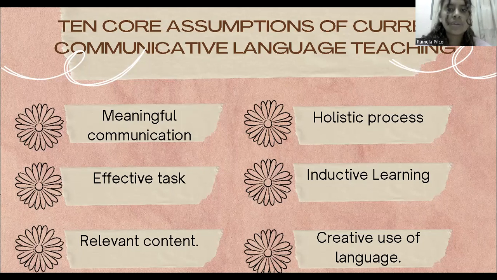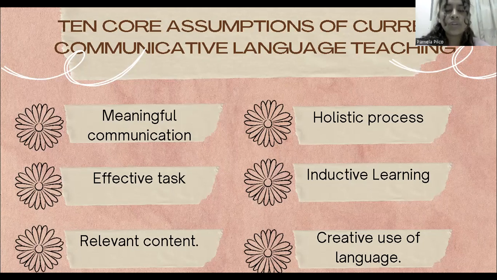The other one is creative use of language. It means that we as teachers need the student to use the language as much as he can, but we don't have to take into account the errors that person makes, because through this process the person is going to learn.